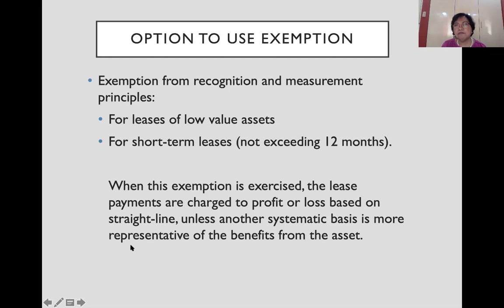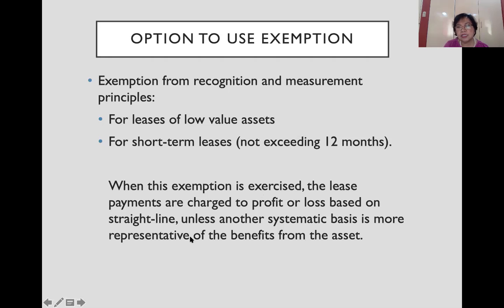Example, if let us say the rental for the first 3 months is 100,000, but it will be increased to 120,000 over the remaining 9 months. Therefore, 100,000 times 3 plus 120,000 times 9, that will be the total of your periodic payments over the 1-year period.